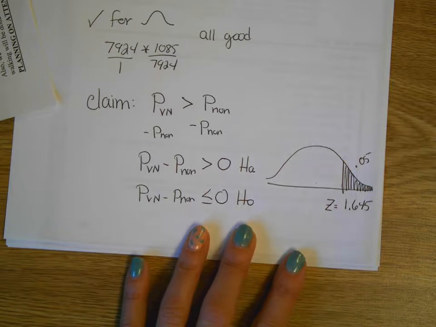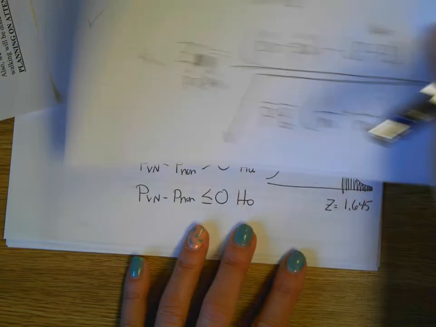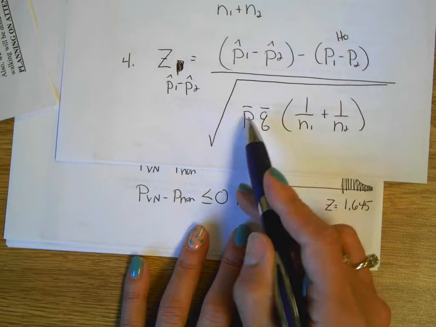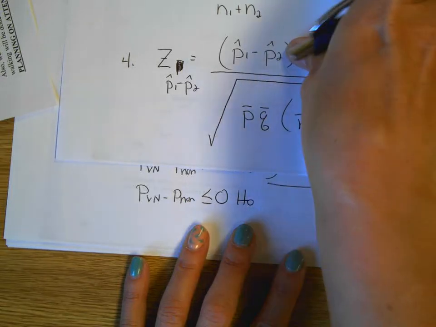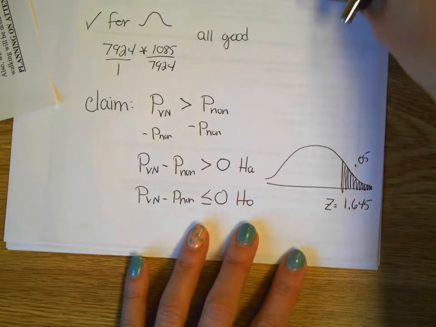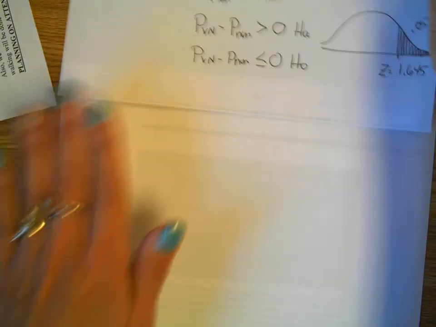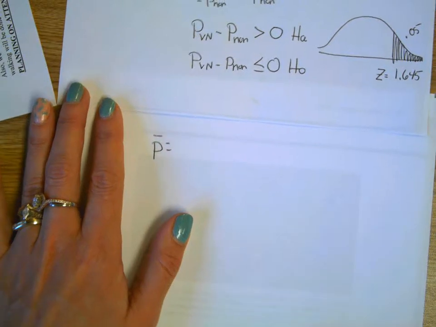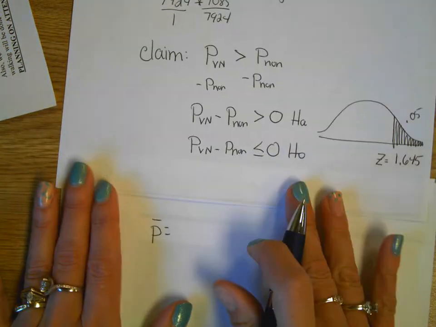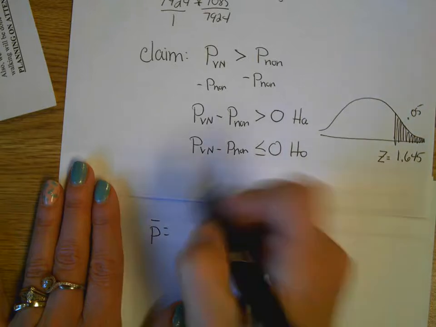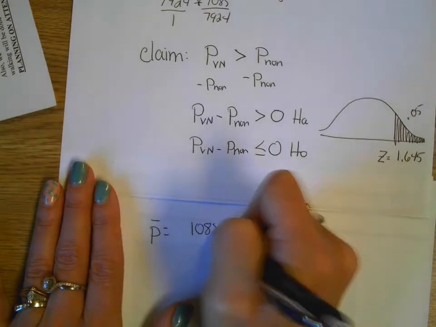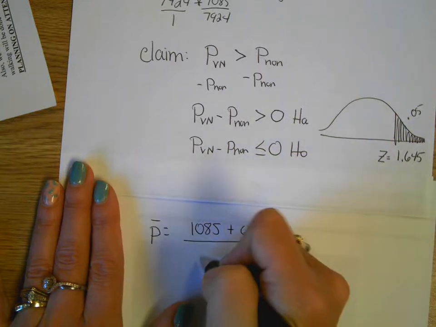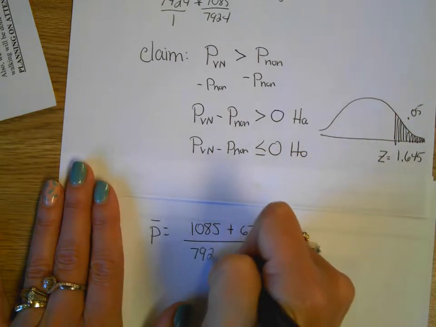Okay, we need our P bar value so that we can plug it into our Z score. So off to the side, let's find P bar, so that we can plug in here, and then Q bar. P bar is going to be the number of successes added together from both sample sizes. So that's 1,085 plus 678 over the 2 sample sizes added together.